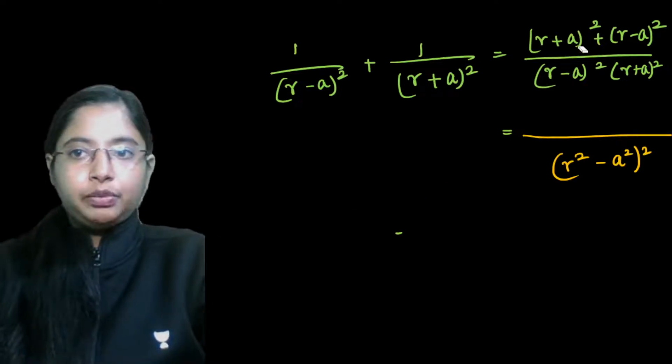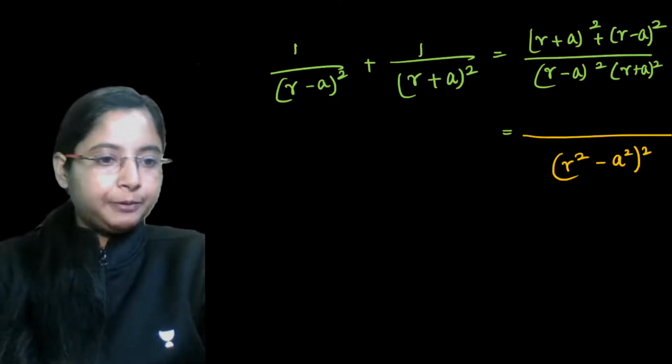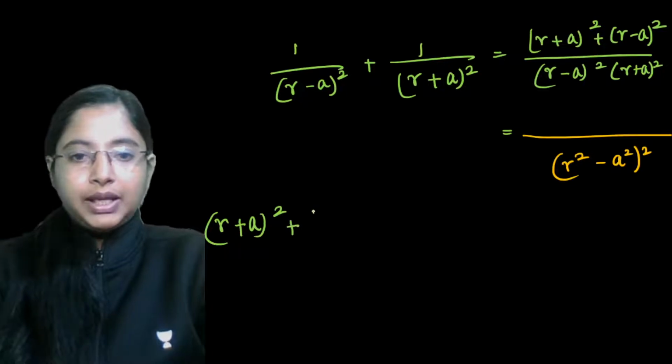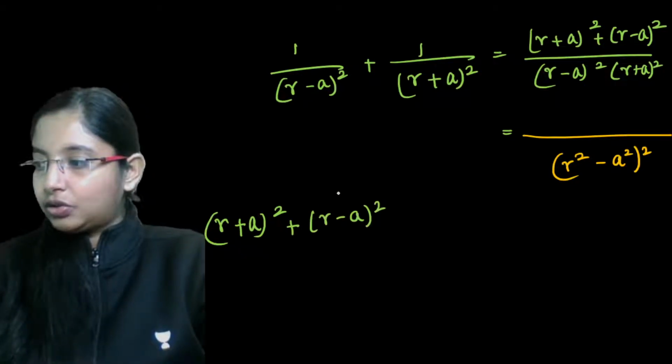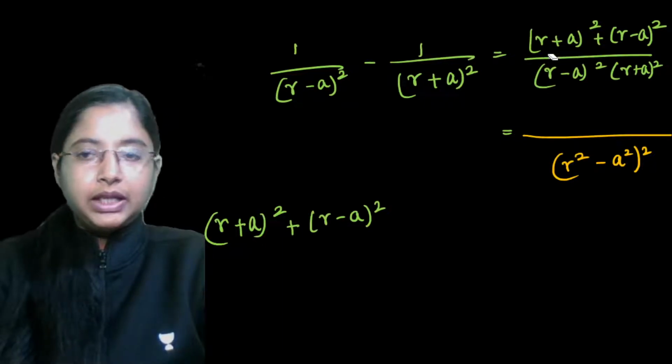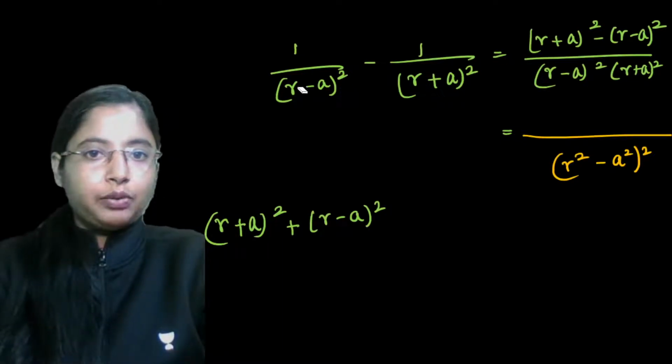Now let's look at the numerator. Let's expand the term. Initially we have (R plus A) the whole square plus (R minus A) the whole square. Sorry, I made a mistake here, it will not be positive, it will be negative, since this is a negative quantity.